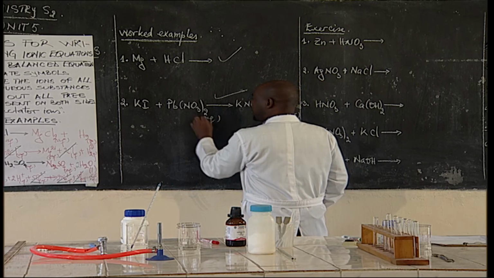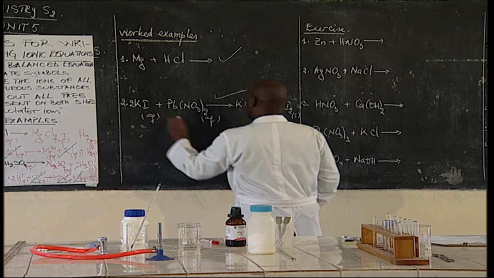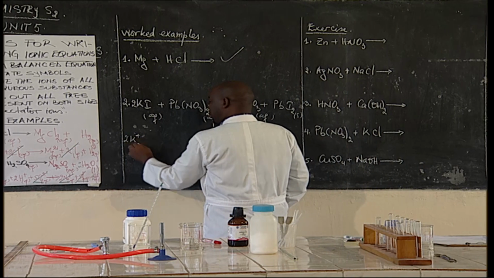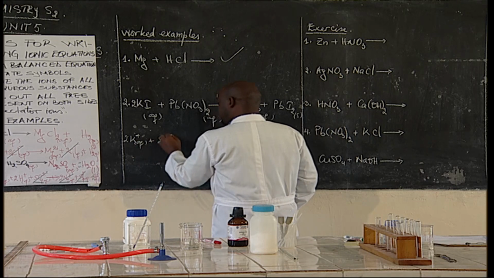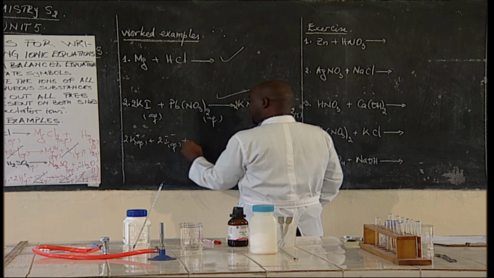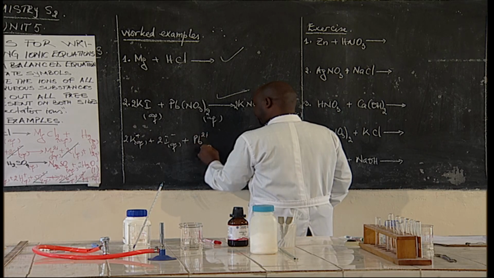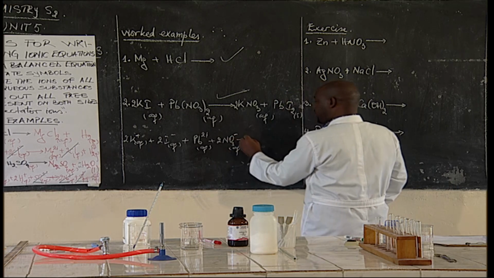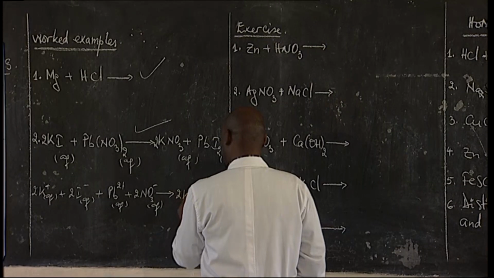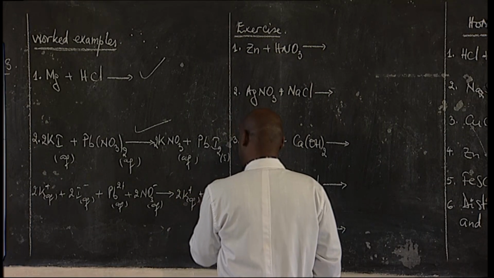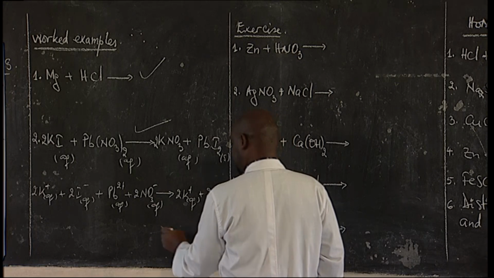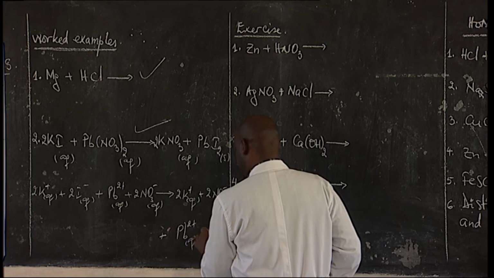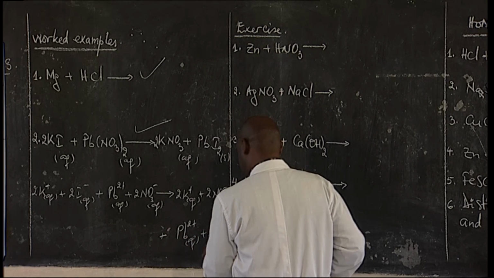Here we have aqueous, and then we balance. We have 2 potassium aqueous plus 2 iodide aqueous plus lead 2 plus 2NO3 aqueous, and we produce 2 potassium plus 2NO3, the nitrate ion aqueous, plus lead 2 plus aqueous, and 2 iodide ions aqueous.